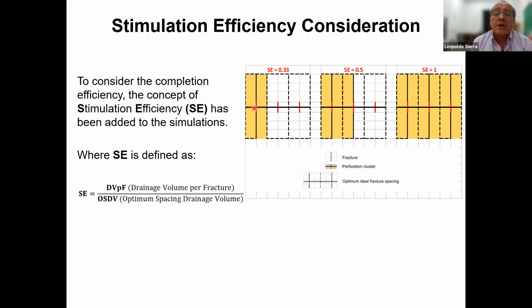So our condition to get a higher recovery factor is going to be really worse, especially in unconventional reservoirs where the permeability is very, very low. So we need to try to get a stimulation efficiency of 1, or be able to generate 1 fracture per perforation cluster, at least to be able to maximize the recovery.